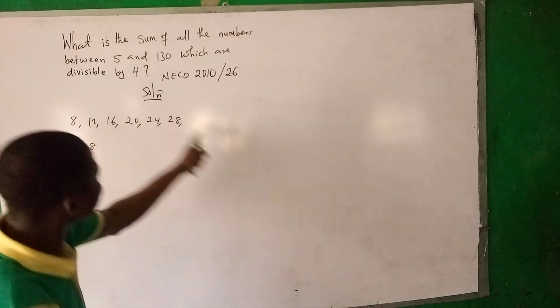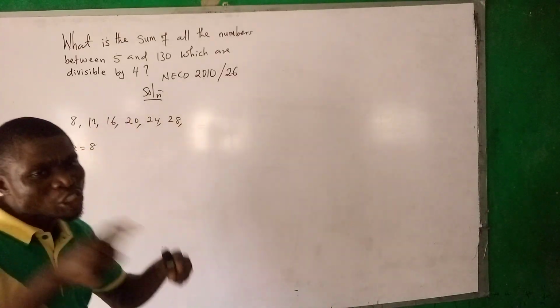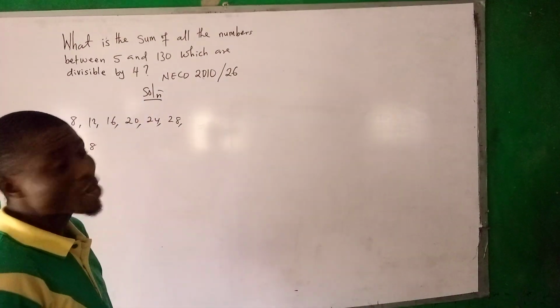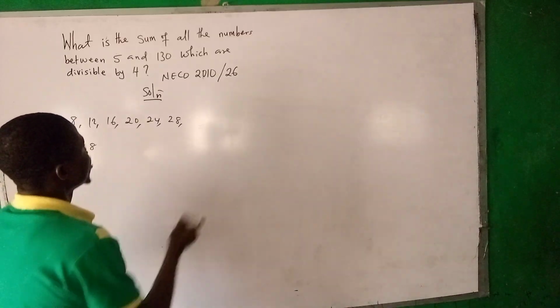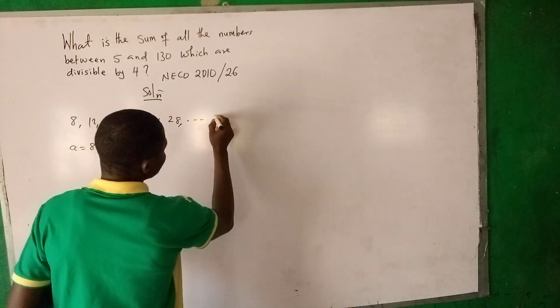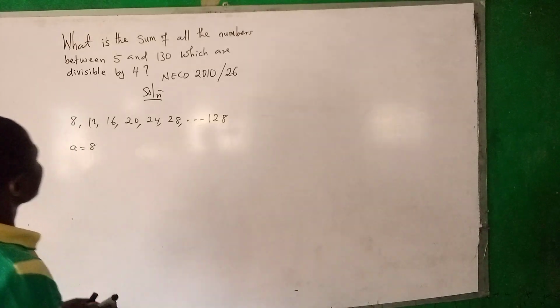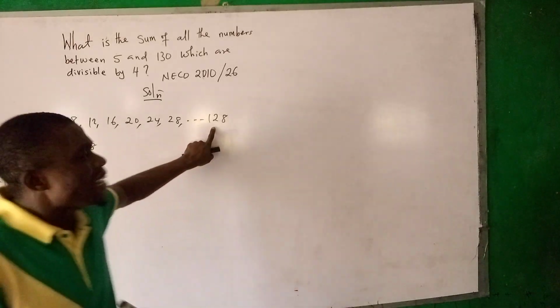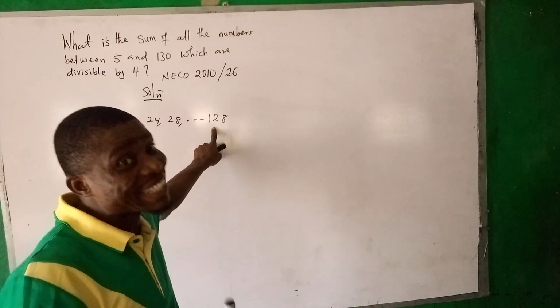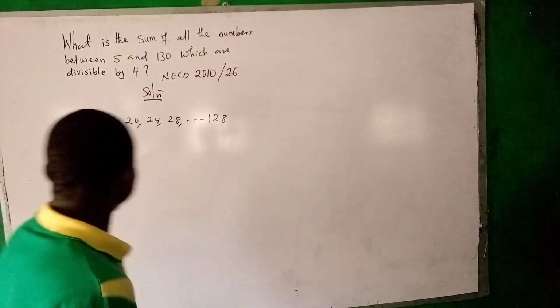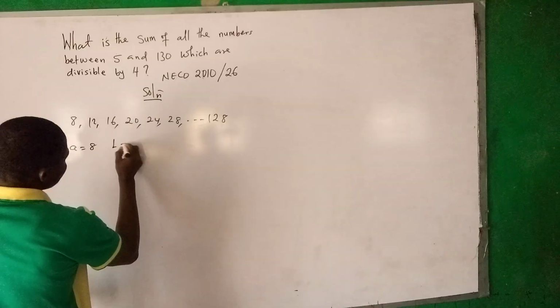If you keep listing these numbers, you find that the last number that 4 can divide is 128. We call that the last term, L. So my L is 128.